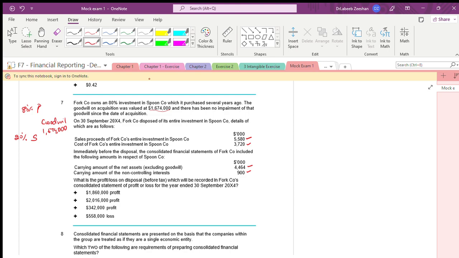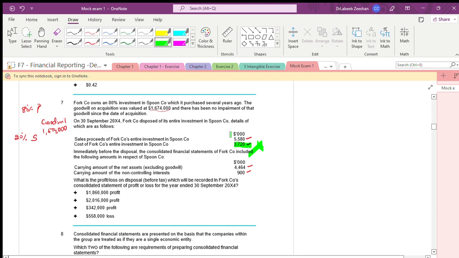You have the goodwill there. When you are removing the net assets, we have to remove the goodwill also. And from that you have to take out the carrying value of the NCI. We are not concerned about this value, this value is outdated, not required at all.